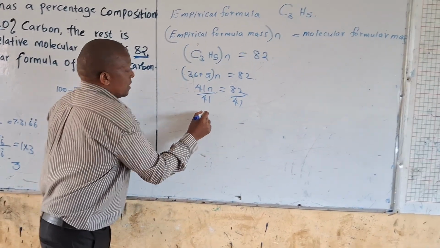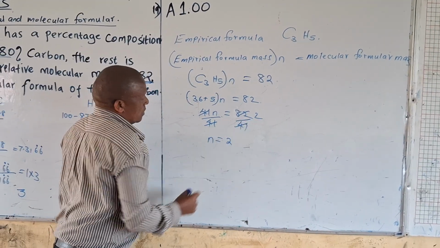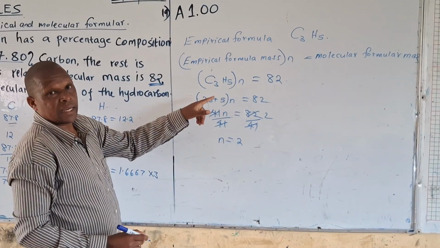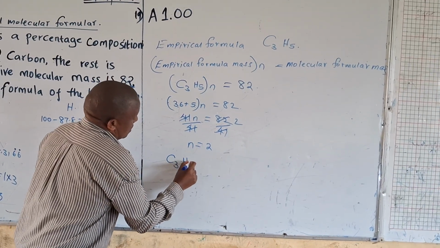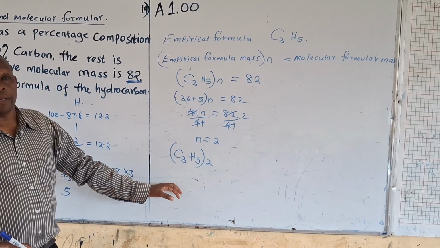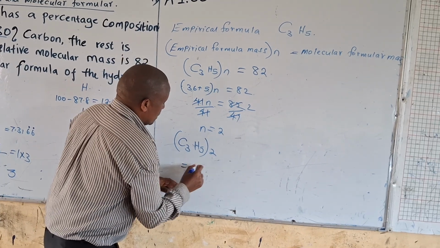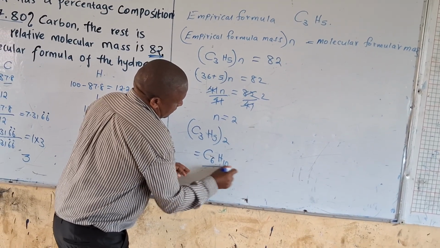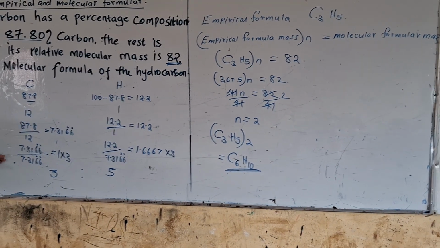So n is equal to 2. Now we take this n here and we open the bracket. C3H5, we multiply by 2, and you are going to get C6H10.